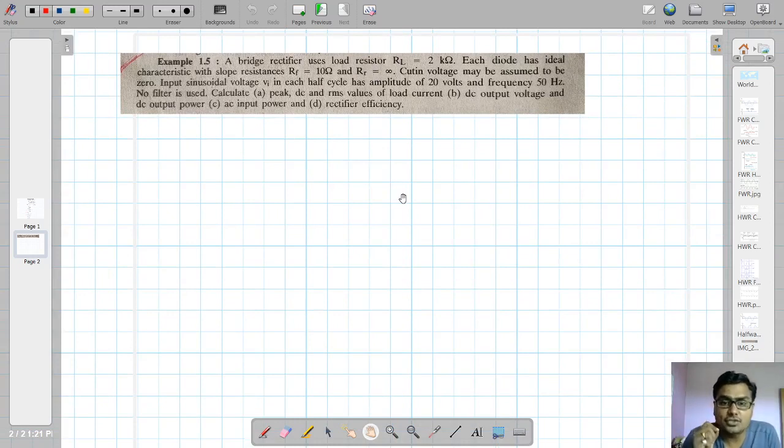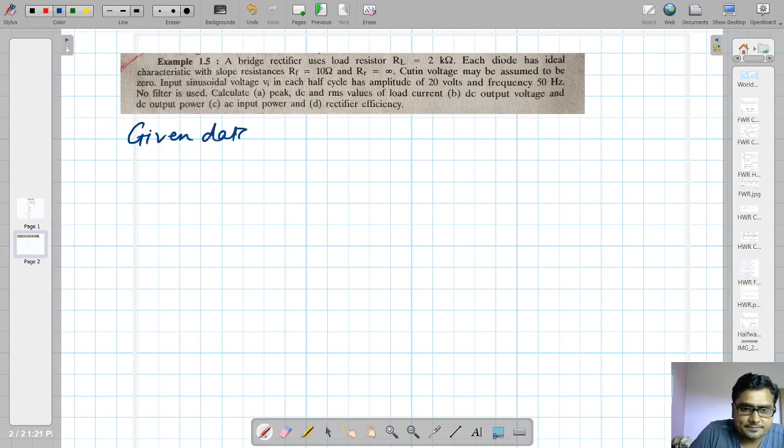A bridge rectifier uses a load resistance RL equal to 2 kilo ohm. Now side by side, you solve this with me. We will read the sentence and write what the given things are. So let me write the given data. The bridge rectifier uses load resistor RL equal to 2K.